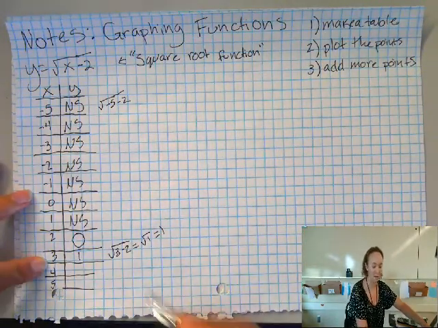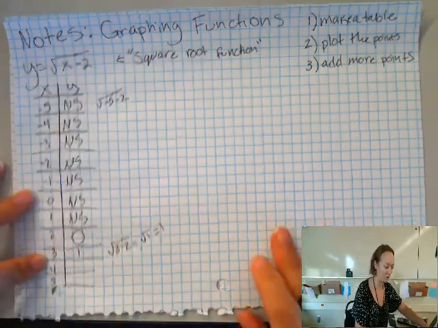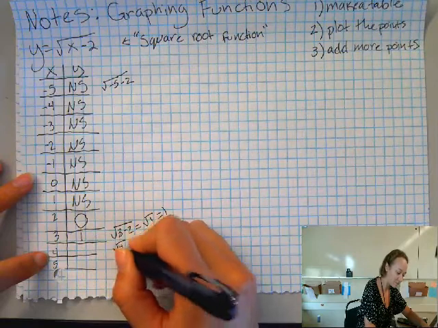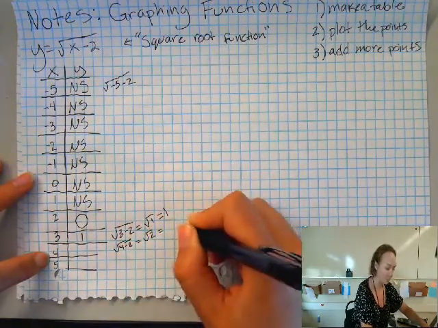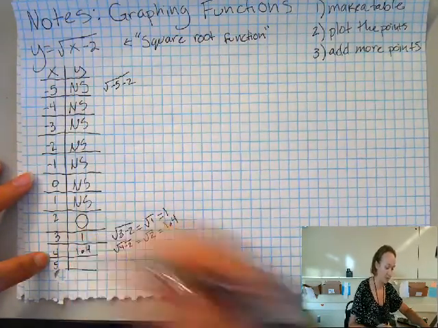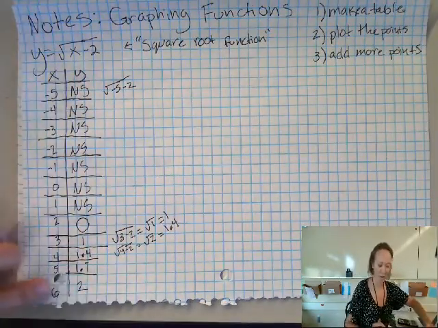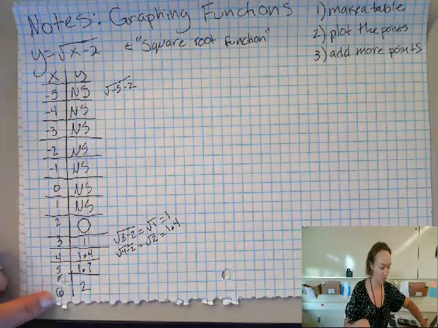See, I'm kind of writing out my steps off to the side if I need to do that to keep track, which for some of these you definitely do. 4 minus 2, that would be square root of 2. That one I would need a calculator for. That's about 1.4. All right, and then I also added 6 because that one's so friendly, right? 6 minus 2 is 4, square root of 4 is 2.